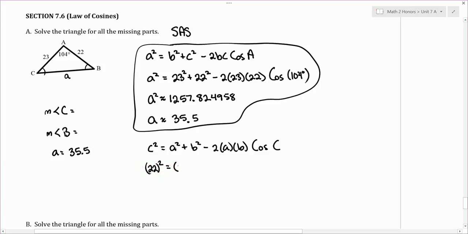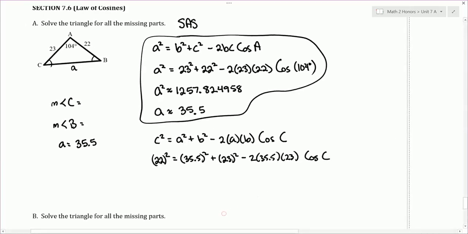A we just found is 35.5. B is 23. And we don't know the cosine of c. So 22 squared is 484.